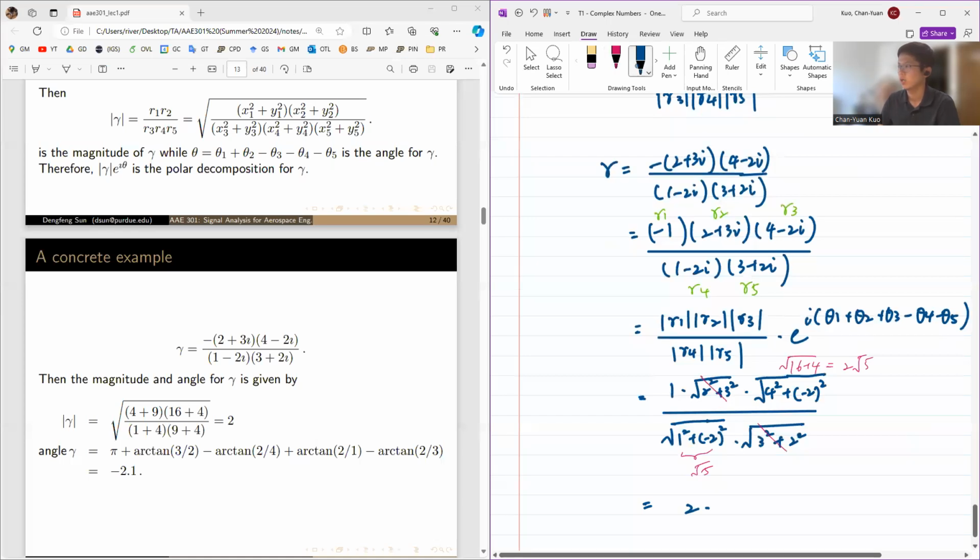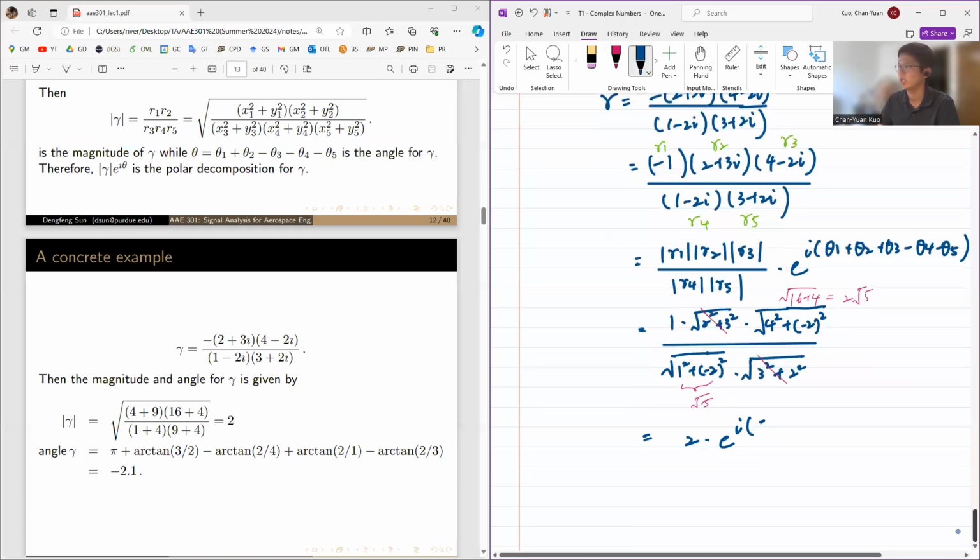2. And then now let's see the angle of each complex number. This will be e to the i. The angle of theta 1 will be pi.